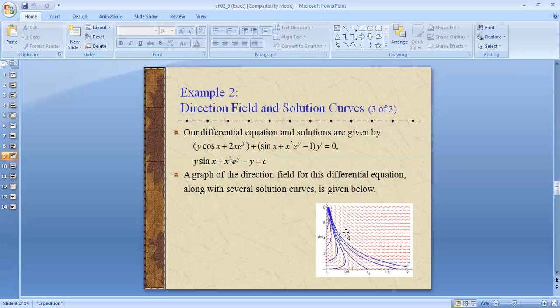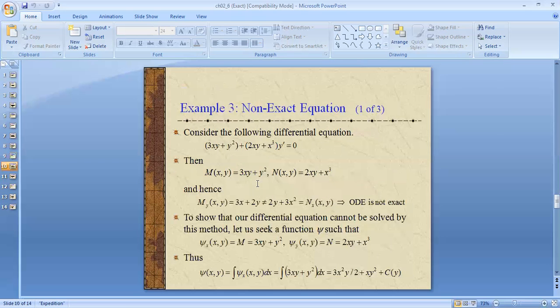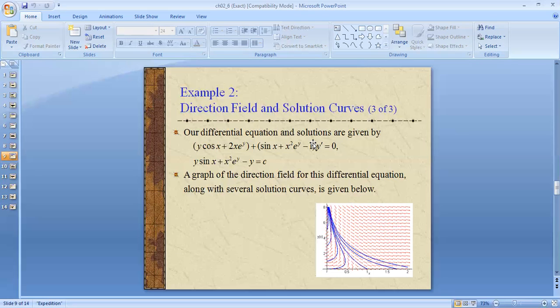I will supply you the code for this, then you can solve it. This is the exact differential equation, how to solve it, and how to indicate the directional field and solution curves of an exact differential equation in the xy plane, that means in the graph.